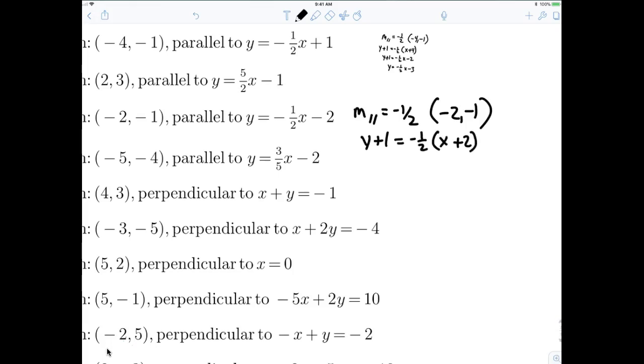Finish it off now. Okay, so then it's y plus 1 equals -1/2 x plus -1. Final answer, and y equals 1/2 x.